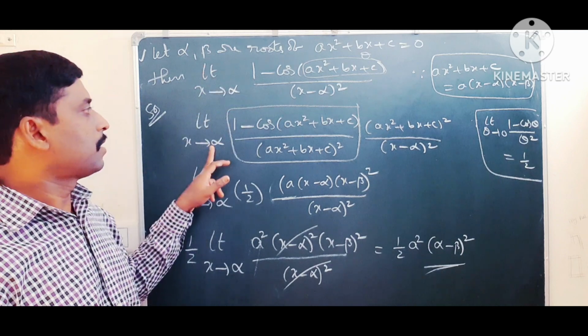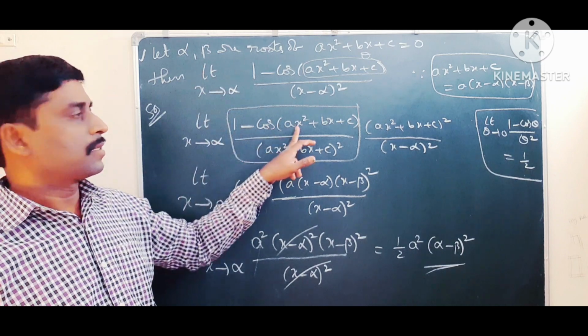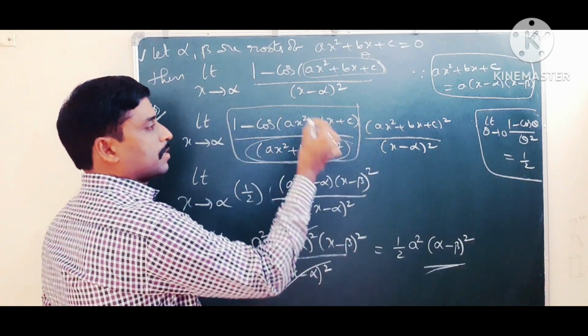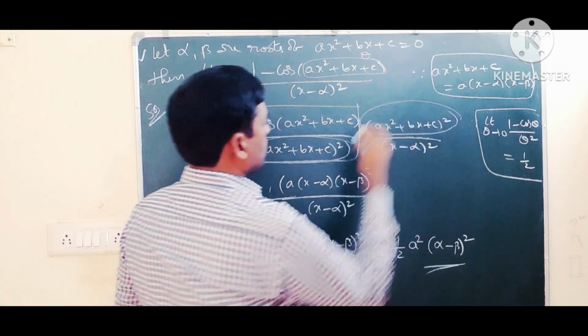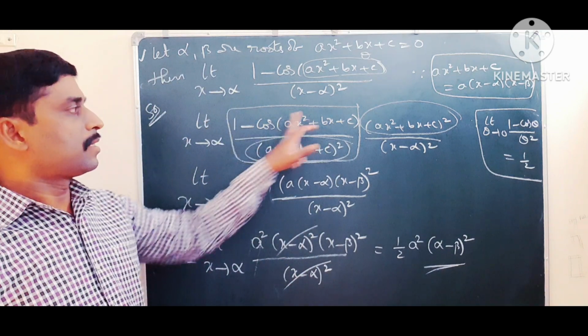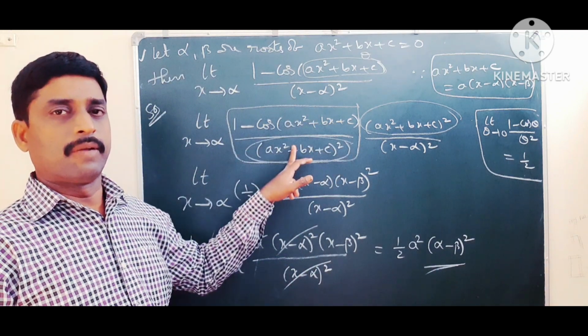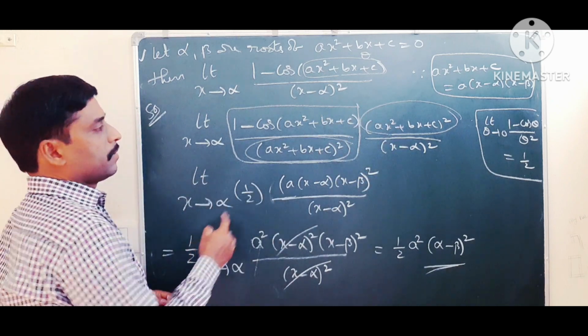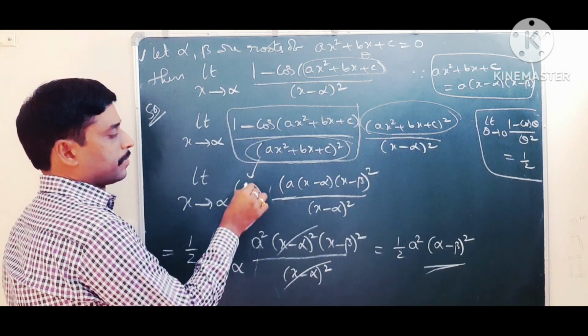So limit x tends to alpha, 1 minus cos of ax square plus bx plus c, here divided and multiplied by (ax square plus bx plus c) whole square. This is theta square. 1 minus cos theta by theta square, we have got 1 by 2. The formula is there. So limit x tends to alpha, this value is 1 by 2.